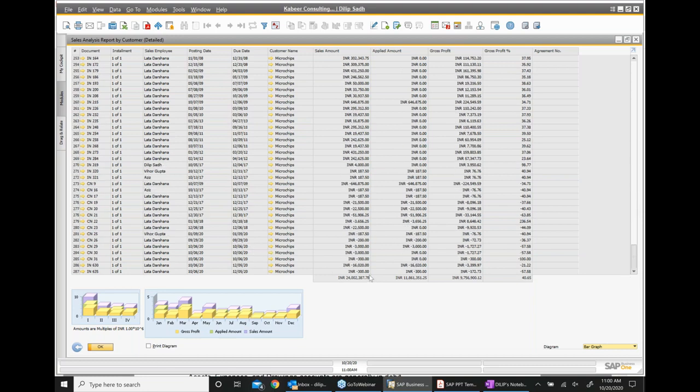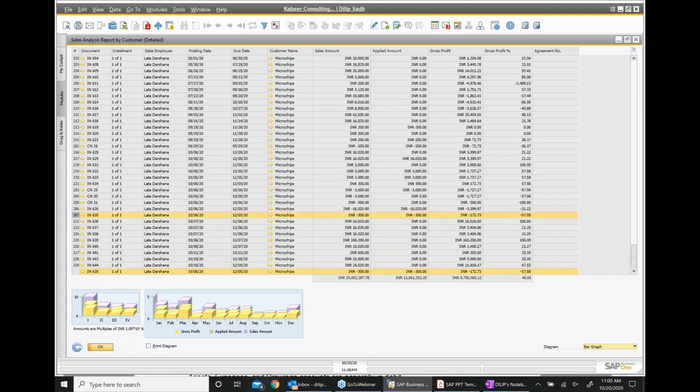These are all different invoices. This is the total sales amount, and this is by invoice. Is it gross profit percentage? We can even go by posting date. If you go to the posting date at the bottom, this is the one we did today, 10/20. Remember?